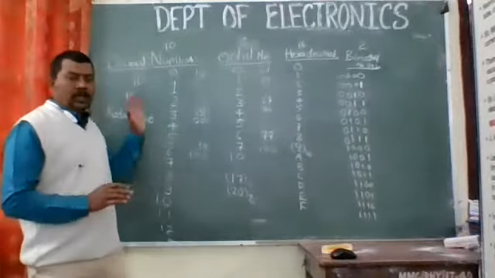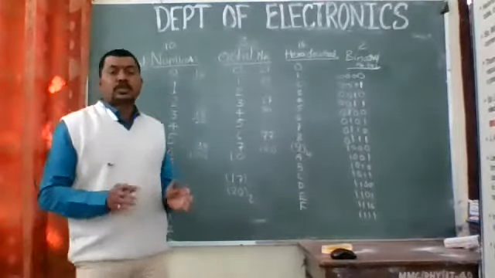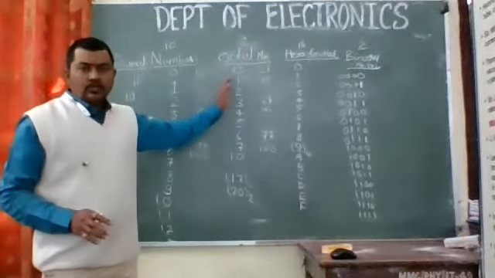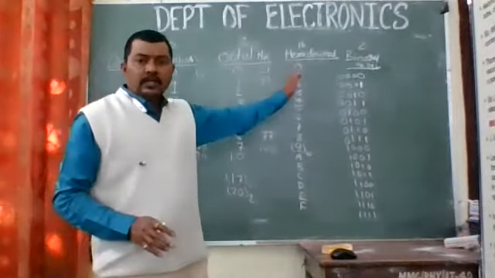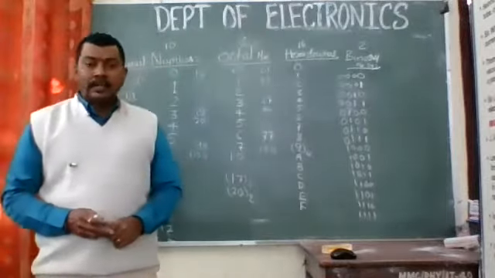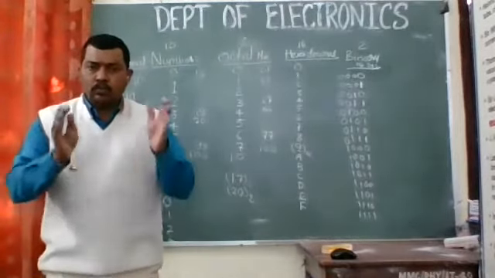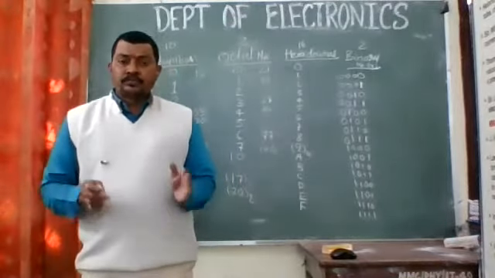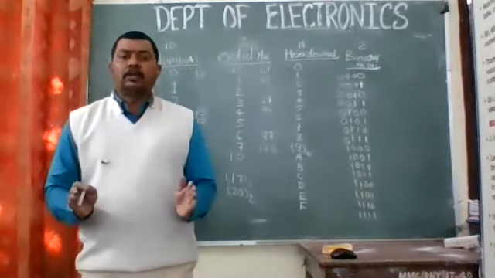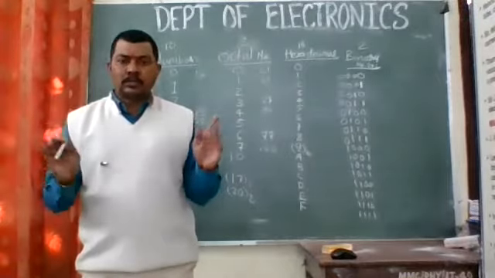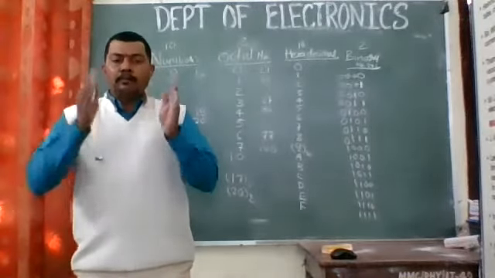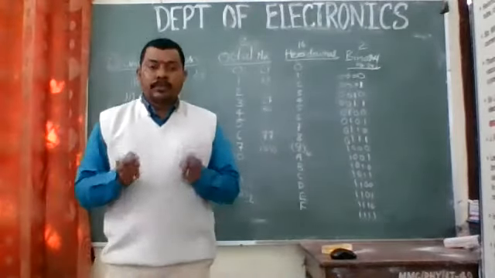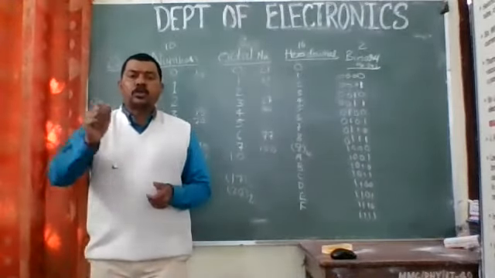As I've told you, there are 4 number systems which we are supposed to study in this unit. The first is the decimal number, the second is the octal number, the third is the hexadecimal, and the fourth is the binary number system. I expect whoever is attending today's class to make a table of these 4 number systems column-wise, put all the numbers that you have understood there, take a photo of it and post it on the group, right?